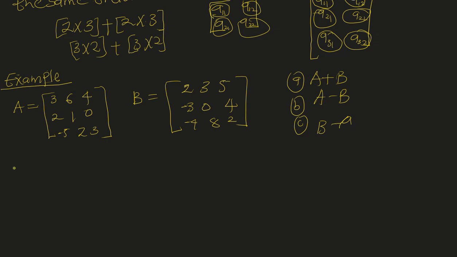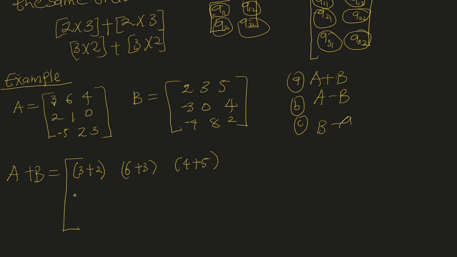Alright, so now what A plus B will be: when I want to add matrices, I take the individual elements in the same placement of the matrices, the individual entry. So what is this going to give us? We're going to have, let's open a bracket, 3 plus 2, the next one is going to be 6 plus 3, and the next one is going to be 4 plus 5.